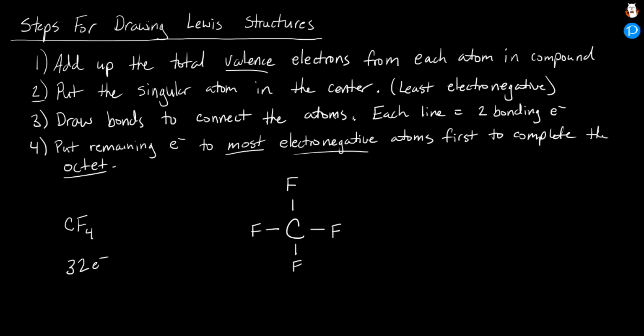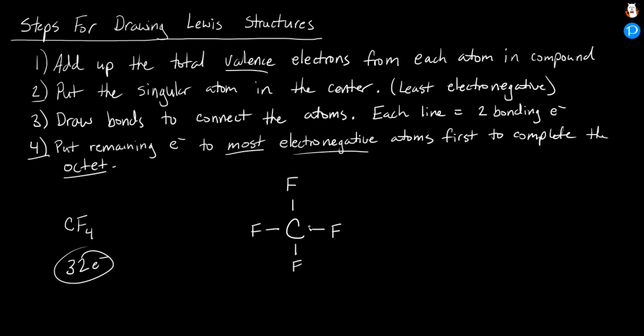I've drawn the bonds in, and so right now in this Lewis structure, I've got 2, 4, 6, 8 electrons drawn in there. I need to represent 32. Now, for step 4 here, the remaining electrons that I have are going to go on the most electronegative atoms first to complete the octet.